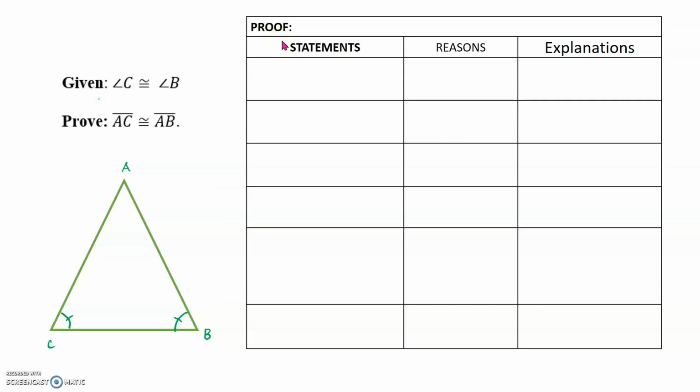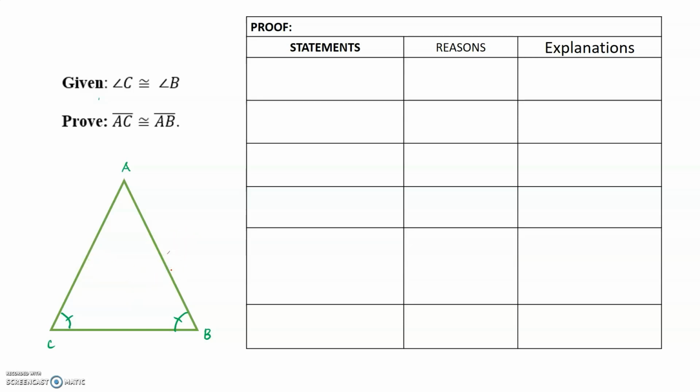So let's prove our statement. We have here given angle C is congruent to angle B. This time, what we are going to prove is the congruence of side AC and side AB. So the congruence of these sides is what is asked in this problem.